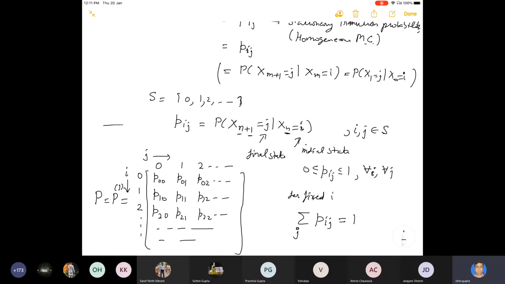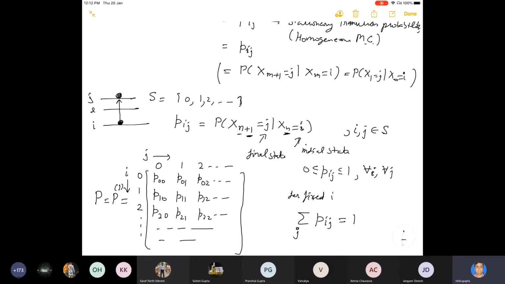For example, here is a particle, let us say this is state i, this is state j, this is some other state L. So this is moving to this here in one step.